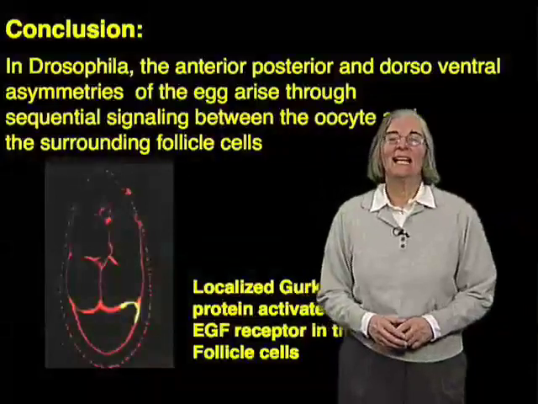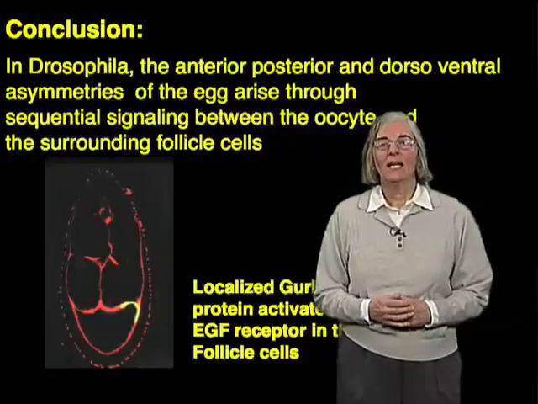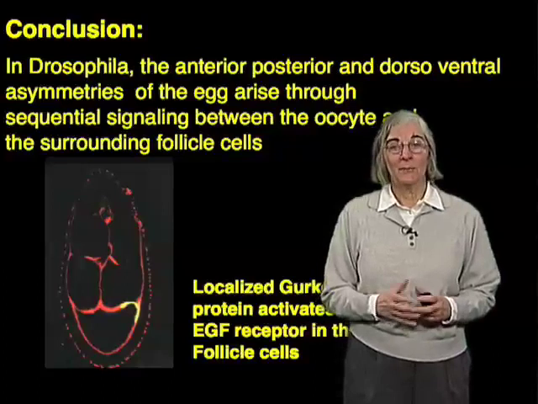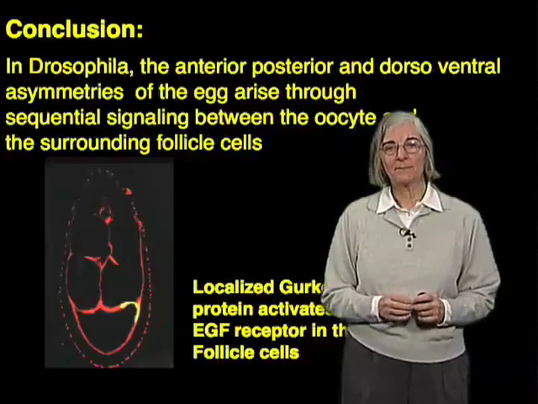In summary then, I've tried to explain to you in my talk how in Drosophila both the anterior-posterior and the dorso-ventral asymmetry of egg and embryo are established during oogenesis.